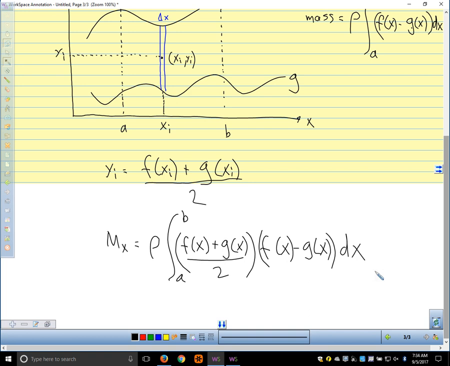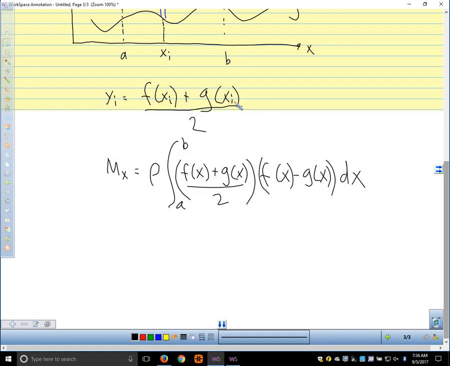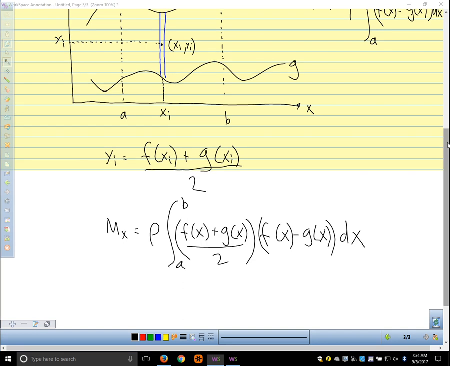This should be plus, sorry. So that's going to give us our moment about the x-axis. This gives us the location of the center of that rectangle.